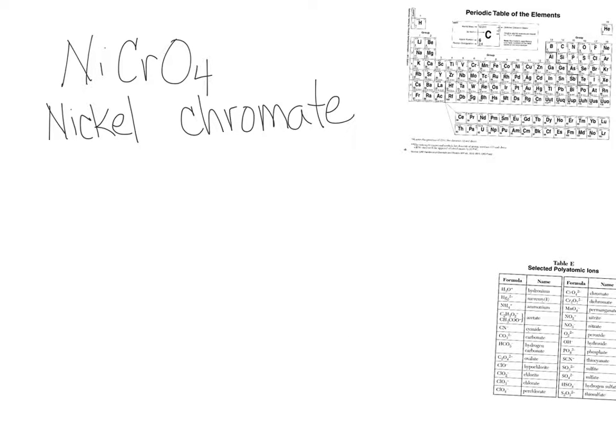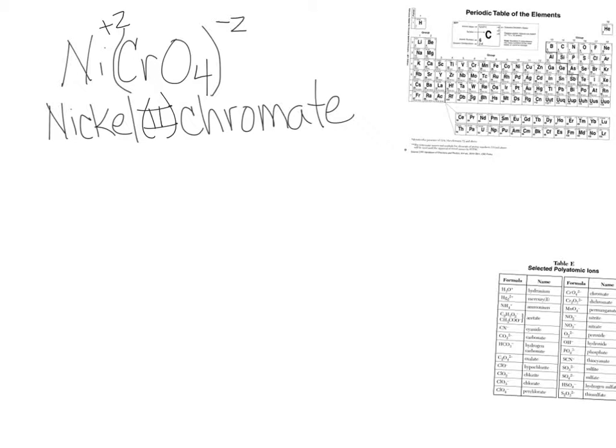So I'm going to just put parentheses around here, even though they're not necessary this time. That's -2. And there's only one chromate. There's no subscript outside the parentheses. The -2 is on that whole thing. So nickel must be +2. So we want to make sure we know that's nickel(II) chromate.